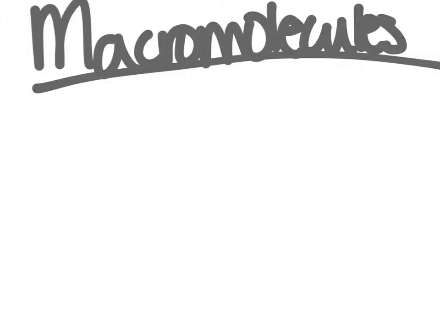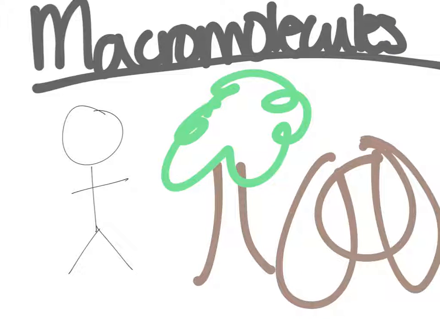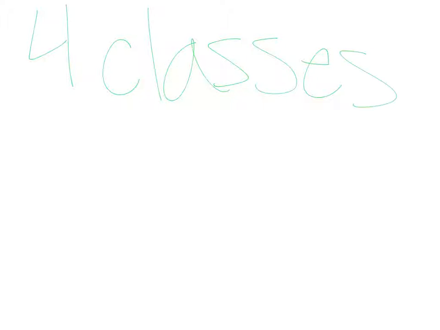Macromolecules are very important in our lives. They help us with our bodily functions. They help plants with theirs. They can even help our animals with theirs. Macromolecules are divided into 4 different classes for different reasons to be able to help us in our lives.